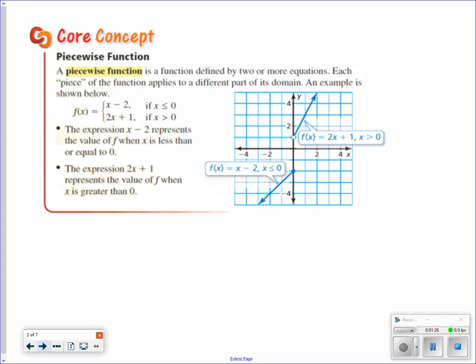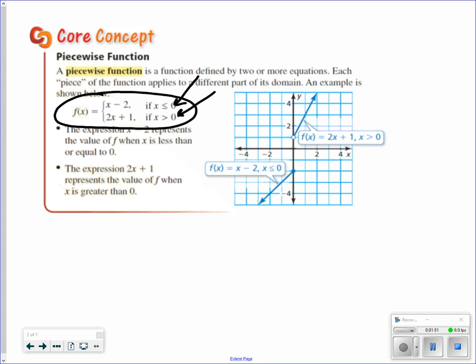Here's what it's going to look like, and I know some of you are going to look at that and go, oh my goodness. Anytime you have a piecewise function, it's basically like having pieces of functions, so each piece applies differently. Notice the x values you're allowed to use: you're only allowed to use certain x values with certain pieces.